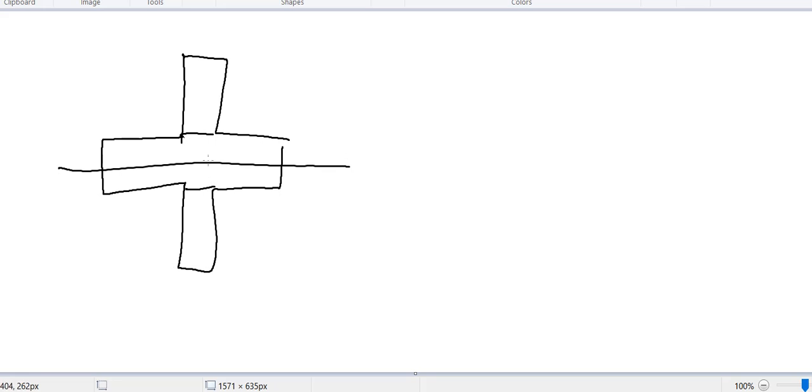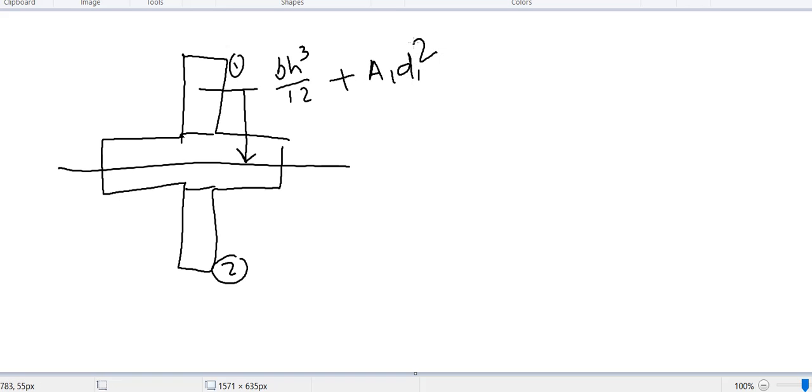This plate and this plate are the same size plate. So we will first find b h cubed by 12 and then transfer it to the composite section. We do A1 d1 squared. Then we multiply by 2, because this one and this one are the same plate, inserted on both sides. So it is b1 h1 cubed by 12 plus A1 d squared.